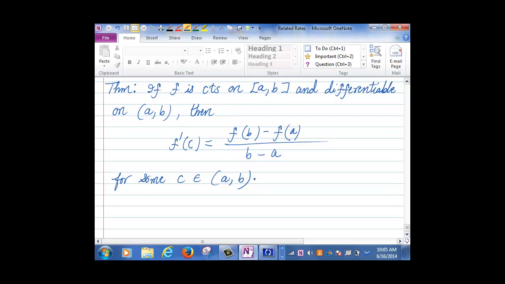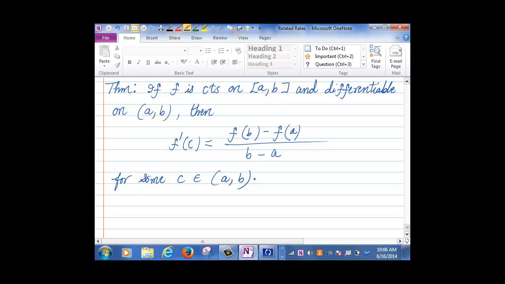And then let's say we look at one interval during your ride, and in that interval a, b, if I look at this quantity, what is this quantity then? So this is the distance covered at time b, f of b. f of a is the distance covered at time a, divided by b minus a. So what does this quantity represent? The ratio? Average speed, right?